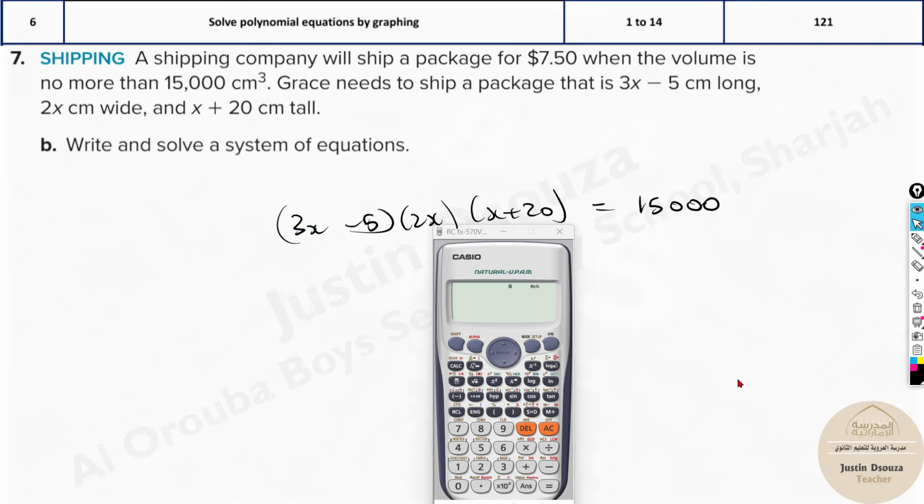Now, this is the equation which we got, right? So all you need to do is type the left side in the calculator. It is 3x minus 5, close the brackets. Open and close the brackets properly. And over here we have 2x and close the bracket. Again, we have x plus 20, close the bracket. Now here calculate x at what?